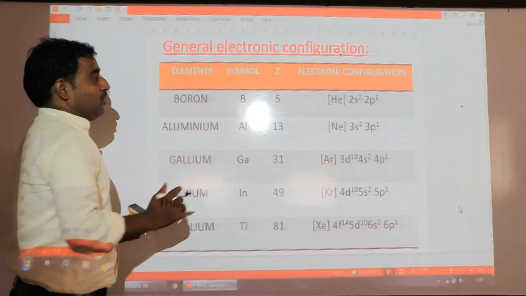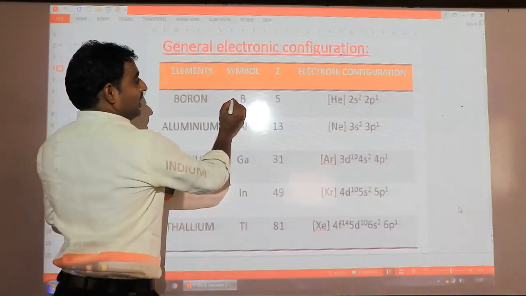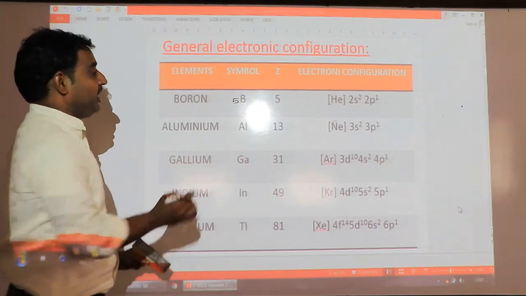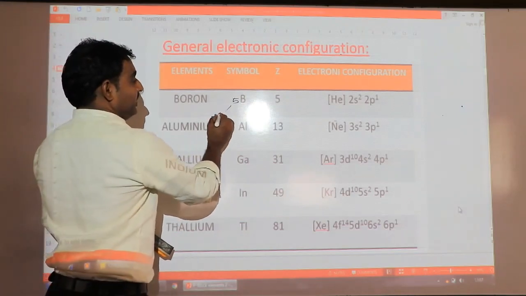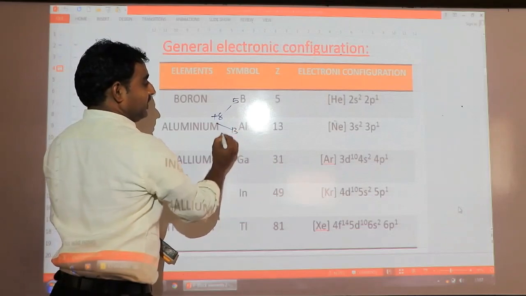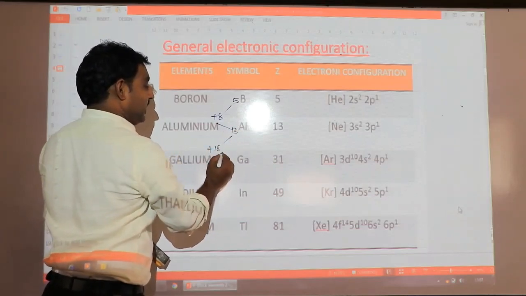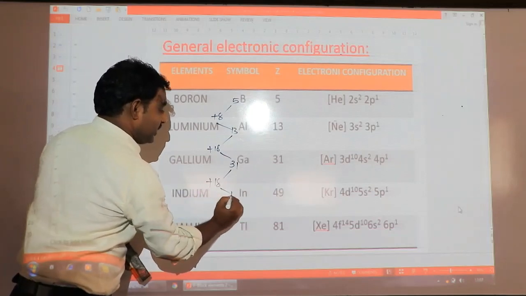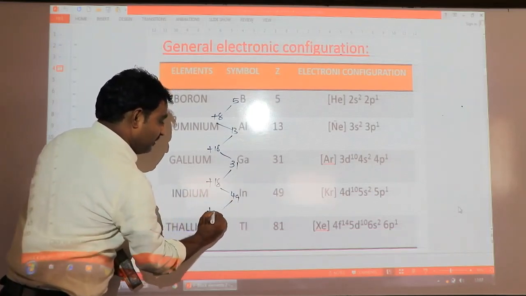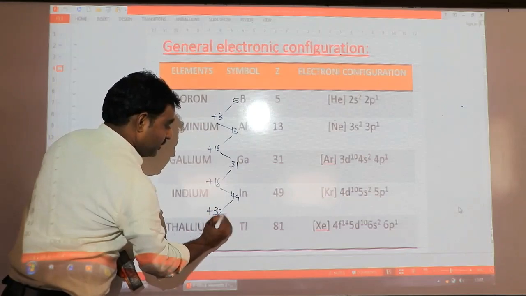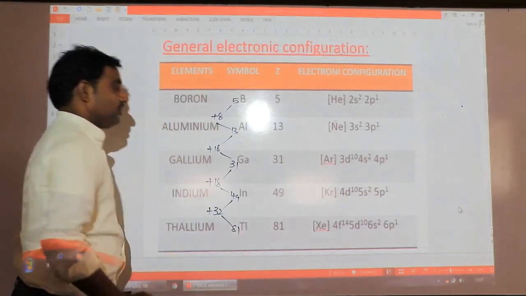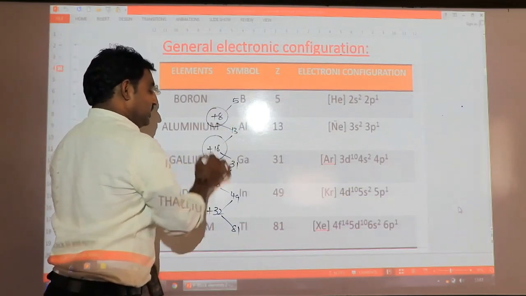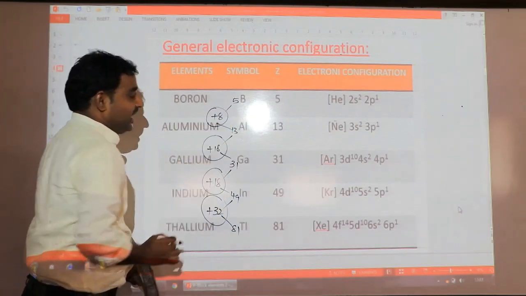To remember the atomic numbers: boron has atomic number 5, 5 plus 8 is 13, 13 plus 18 is 31, 31 plus 18 is 49, 49 plus 32 is 81. The pattern of atomic numbers for group 13 is 8, 18, 18, 32.